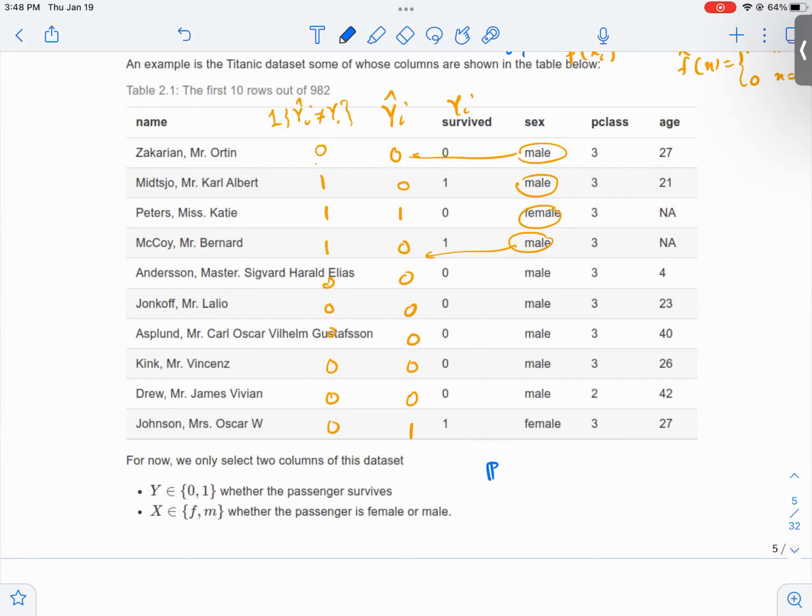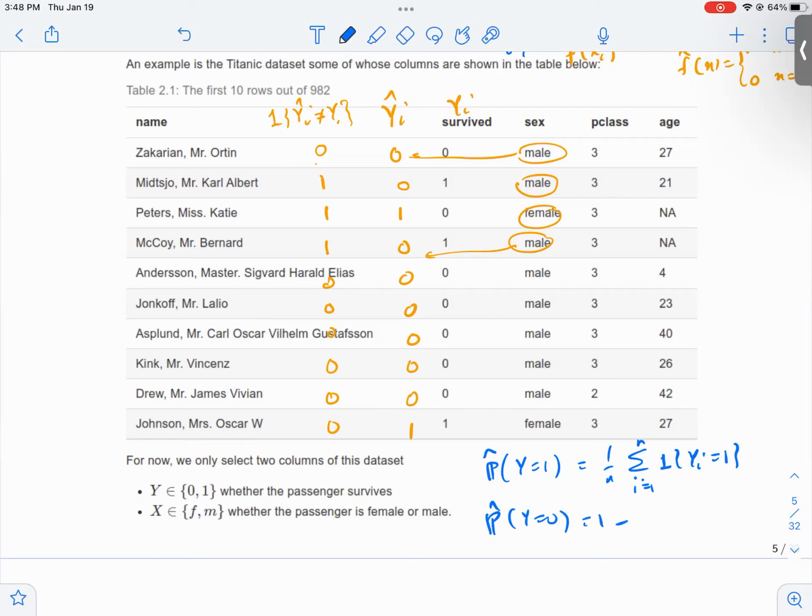If you want to be formal, we calculate the p hat. What is the estimate of the marginal probability of Y being equal to 1? That would be 1/n, the sum of indicators from i equals 1 to n, of Yi equal 1. P hat of Y equals 0 would be the same thing with 0, but you don't need it.